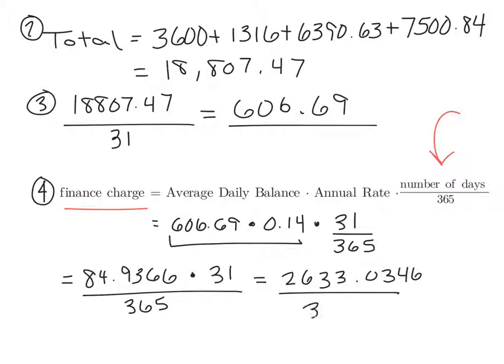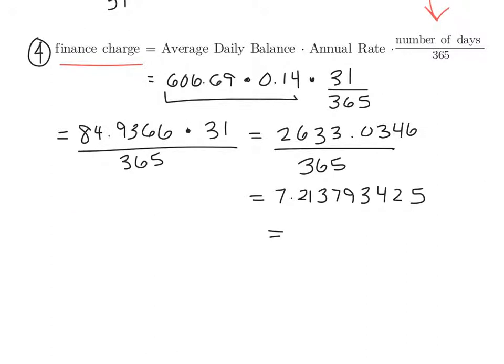Next, we divide that number by 365, and we get 7.213793425. This is a monetary value, so we round to the nearest cent, which is 2 decimal places. Our final answer, which represents the finance charge, is $7.21.